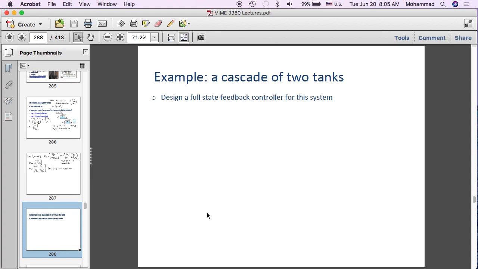So if you recall, we did design an output feedback controller for this system already. We assumed some numerical values for A1, A2, C1, and C2. Let's make those assumptions again.